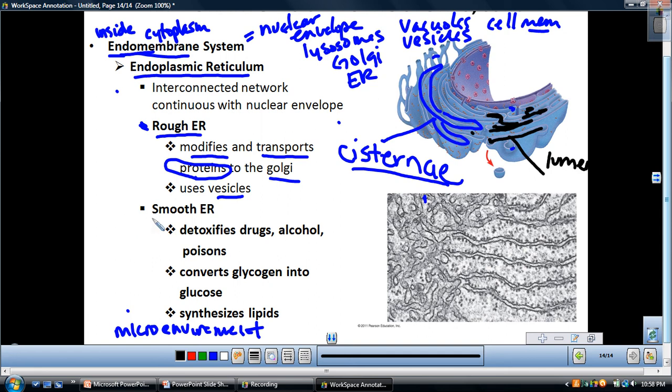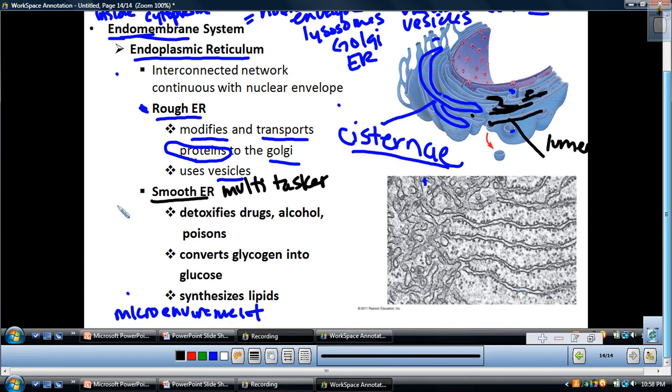All right, now let's go to smooth ER. I like to call this one the multitasker. I know it sounds kind of weird, but I nicknamed him that because if you look at the rough ER, his job is to modify and transport a protein. That's a pretty easy job. But if you look at the smooth ER, there are a lot of jobs that this guy does. He can serve to detoxify drugs, alcohol, and poisons.